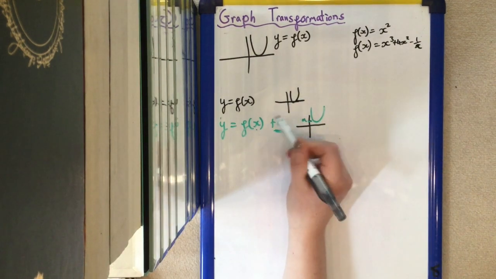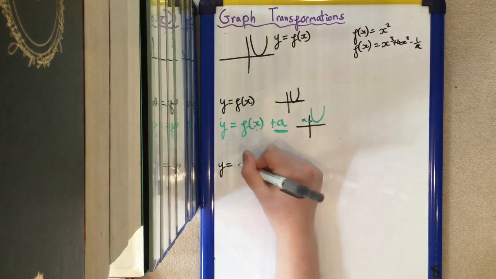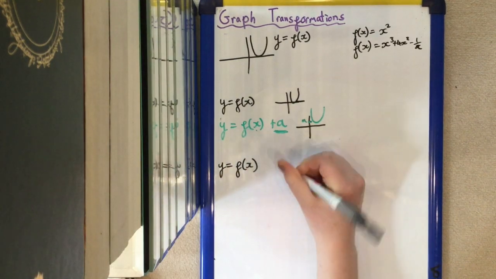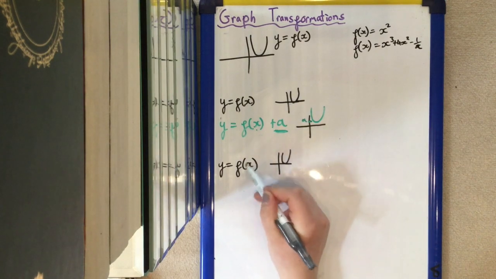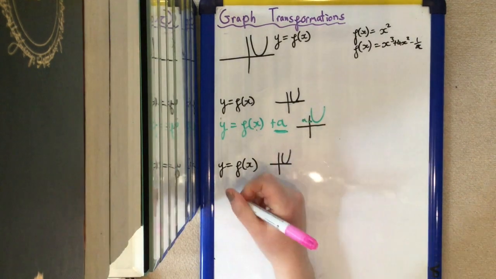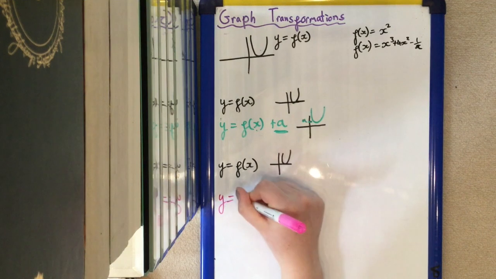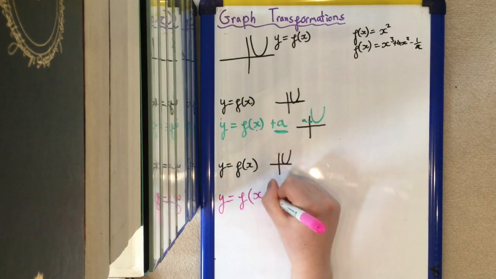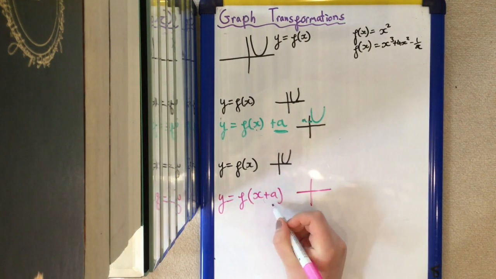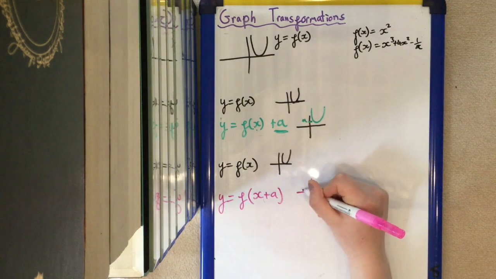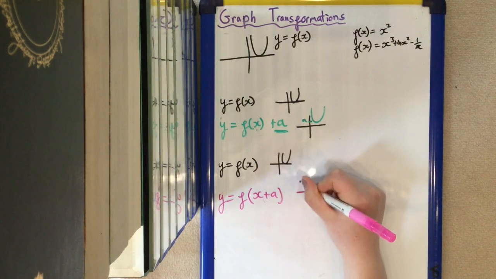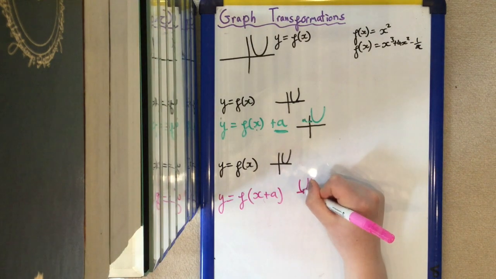The other option for adding, again if I take my y equals f of x, is you can add this a inside the brackets, leaving you y equals f of x plus a. If it is inside the brackets, this graph will shift to the left along the x-axis, so we will end up here.